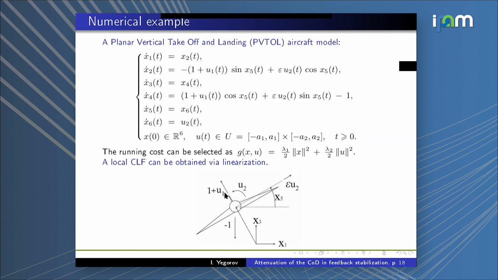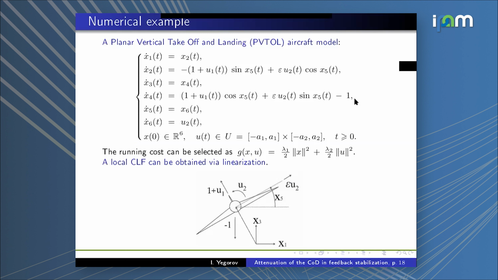Also, U1 is such that 1 plus U1 is the thrust. U2 is the rolling moment, and there is also the so-called coupling coefficient, which appears here. It shows us the relation between the rolling moment and the rates of change of the coordinates of the center of mass.